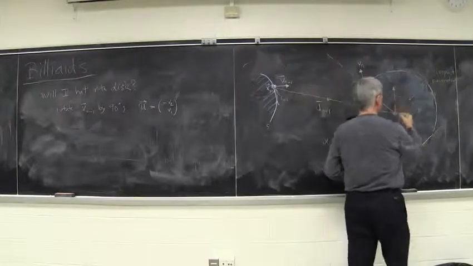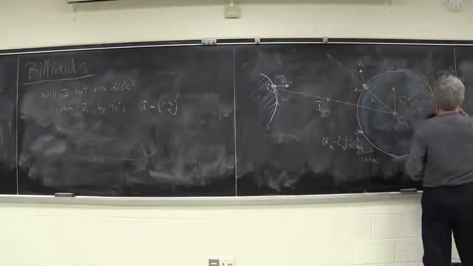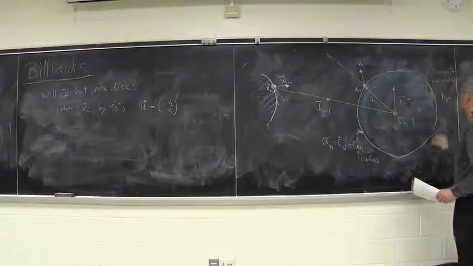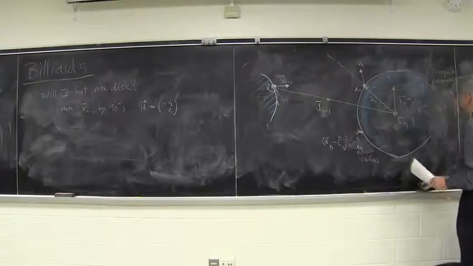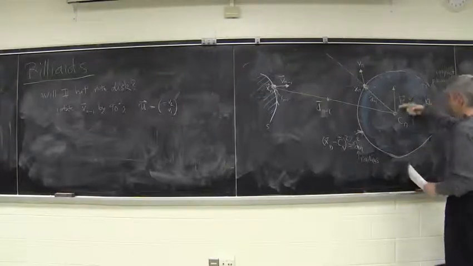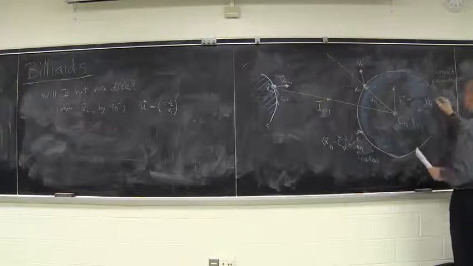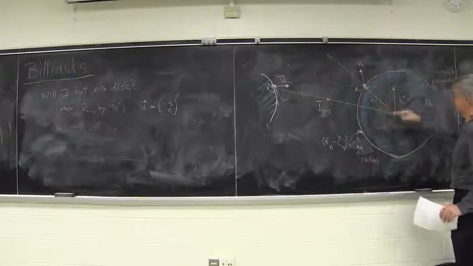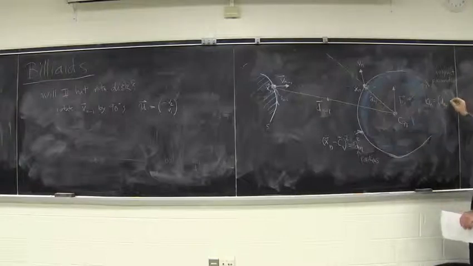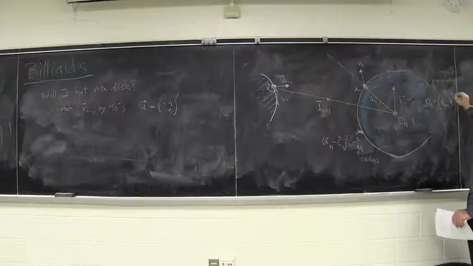Then I can compute the parameter distance as Bn equals the distance along here, as a product of this thing times u n minus 1.